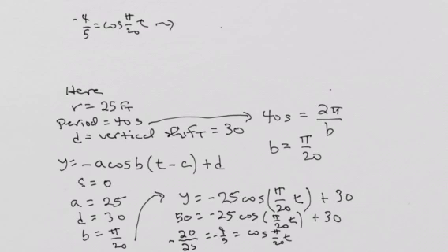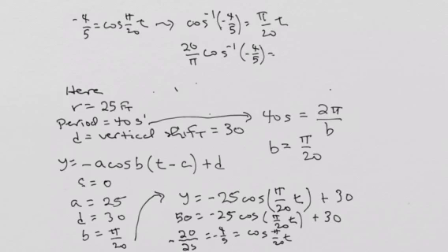I can rewrite that as the inverse cosine of negative 4/5 equals pi over 20 times t. If I get t by itself, I can say 20 over pi times the inverse cosine of negative 4/5 equals t. And if you put all that in your calculator, you get 15.9 seconds, which is almost half the period of 40.